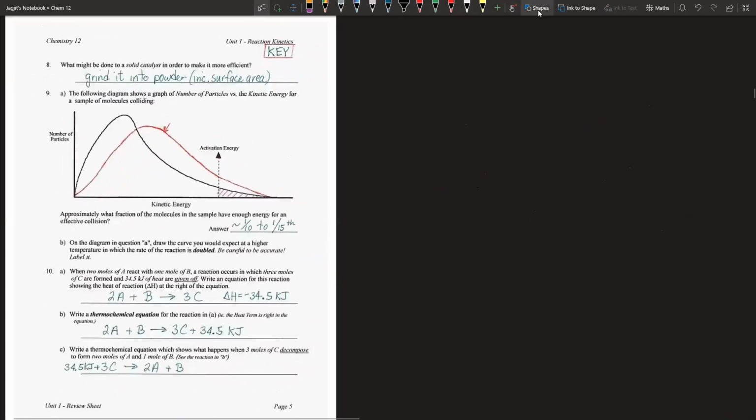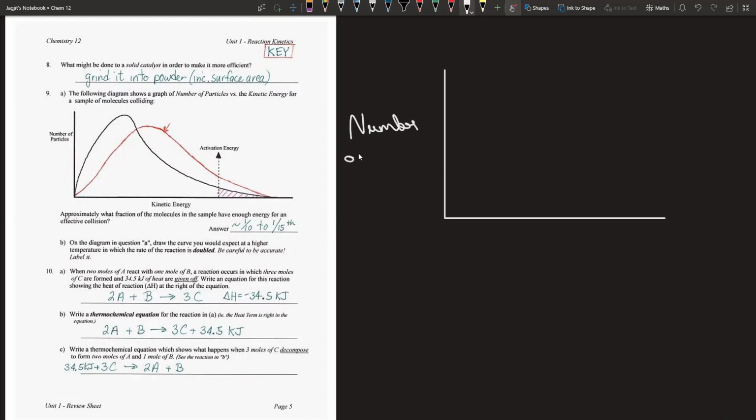I'm going to draw this out first. You have to realize this is not your potential energy graph that I'm drawing. On your y-axis, you have number of particles. On your x-axis, you have kinetic energy.